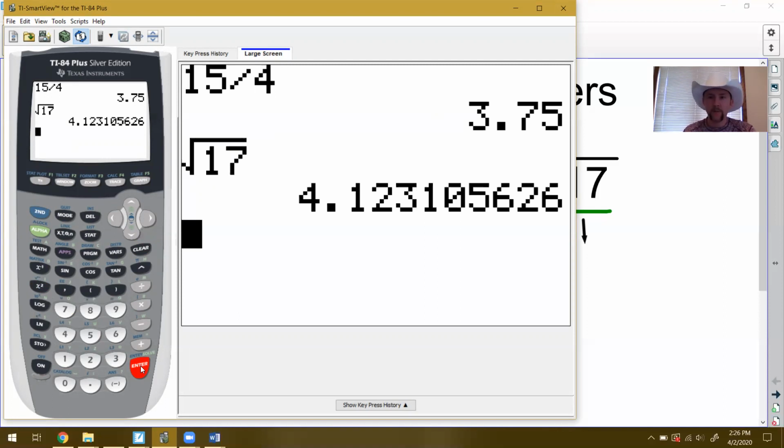That is a rounded off version, you guys, of a decimal number that goes on forever. It just continues on and on, and it never stops, and it never repeats any sort of pattern so that we could use that little repeating line over our decimals. This is a never-ending, non-repeating decimal. The square root of 17 is a never-ending, non-repeating decimal.